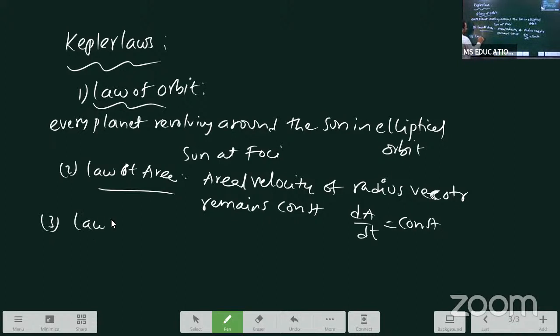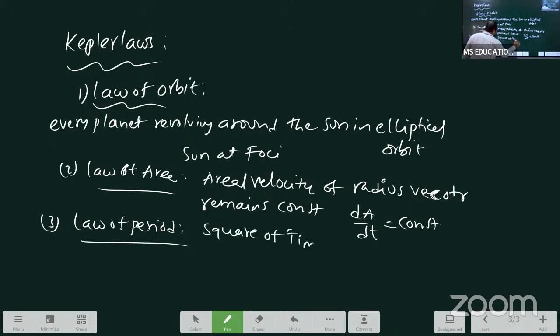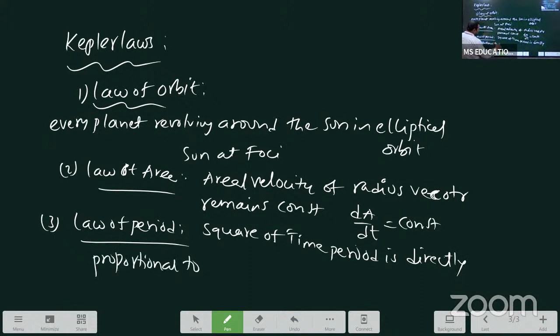Law of period. Because our topic is about planets, I'm writing the square of the time period is directly proportional to the cube of the semi-major axis.